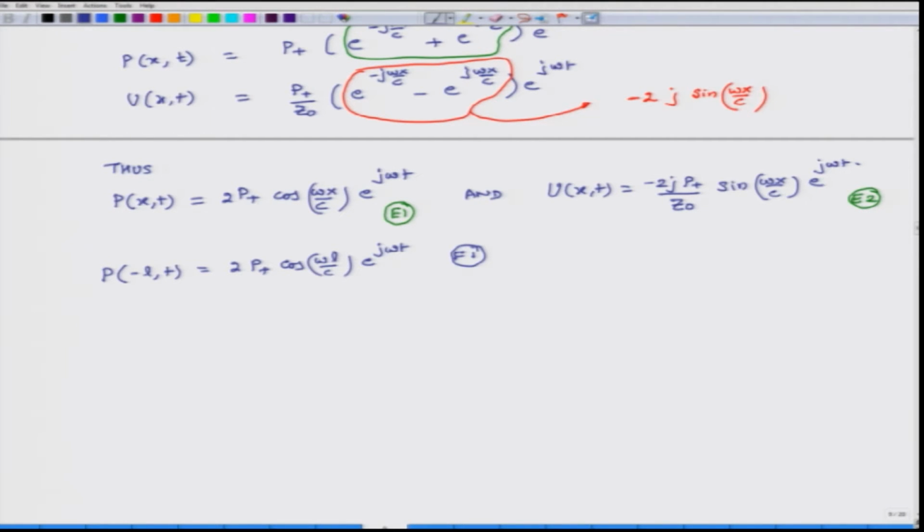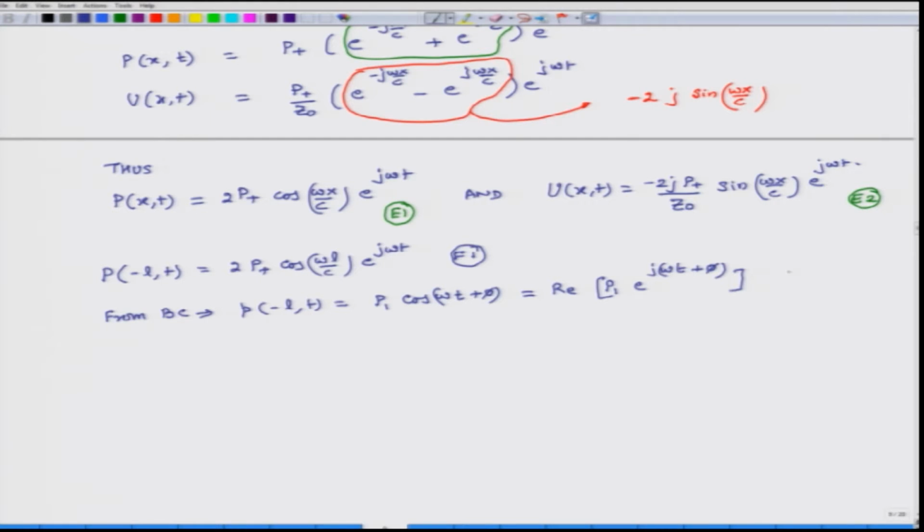And from our boundary condition, from BC, we know that the actual pressure P at minus L, t equals a real number P 1 cosine omega t plus phi, and this I can re-express as real of P 1 e to the power of j omega t plus phi.